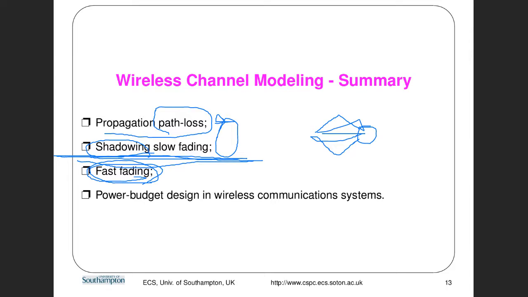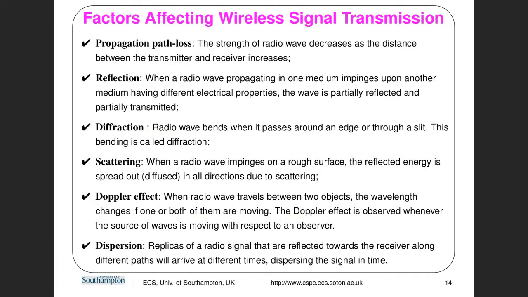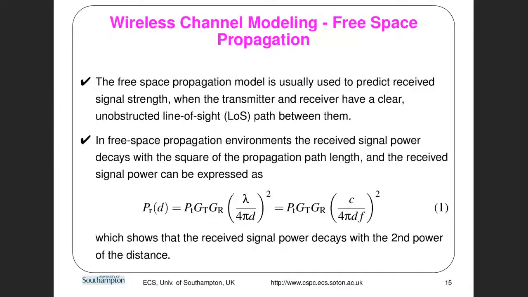Remember, these are the 3 levels of channel modeling, and for each level there are different methods, suitable for different scenarios. In the morning, we talked about propagation path loss, and we introduced 3 types of it.